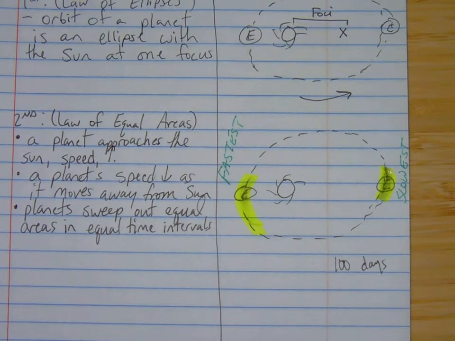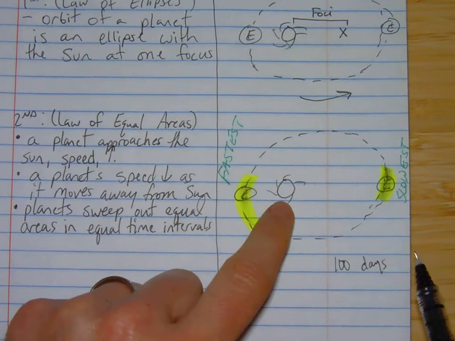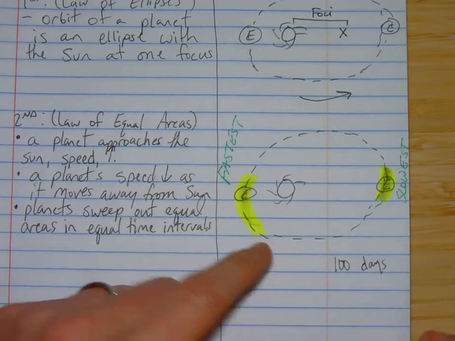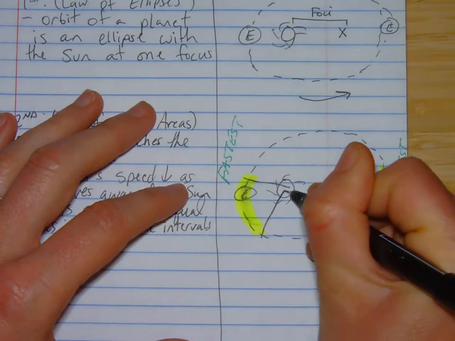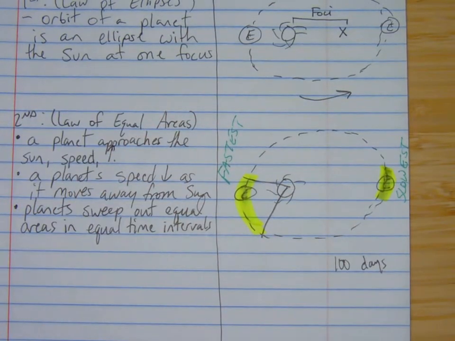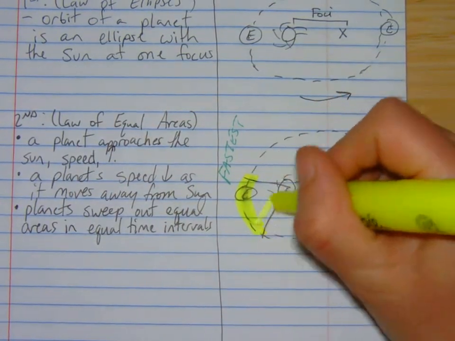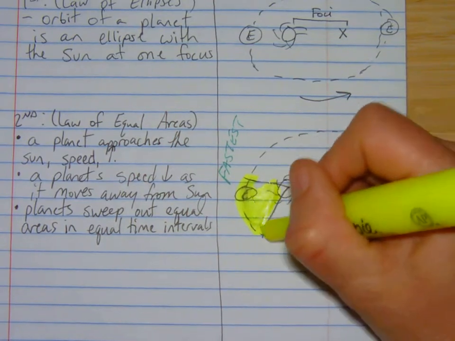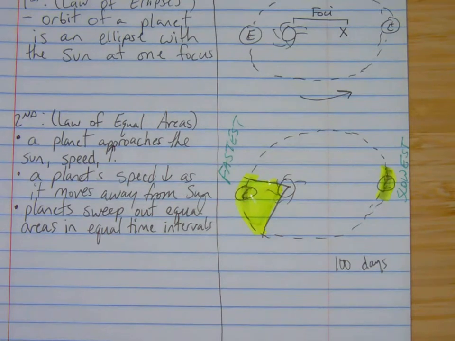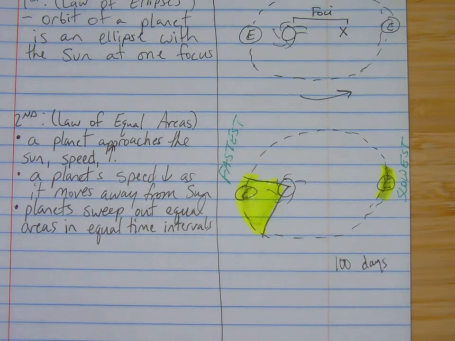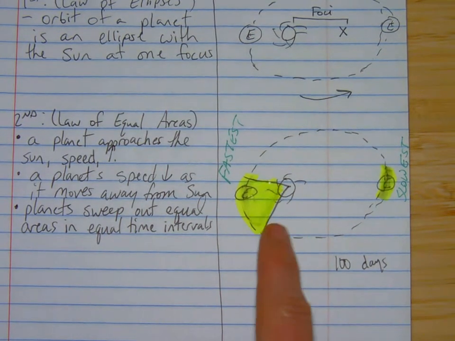And the triangle has to have its point at the sun, at one of the focus points. So it's like you would take this and connect it to the sun. It's okay if you don't have a highlighter, just shade it in. All right, so that would be, we're going to make this some lemon meringue or something, I don't know, something that color, I'm really stretching it. That would be what I mean by the short, fat piece of pie.